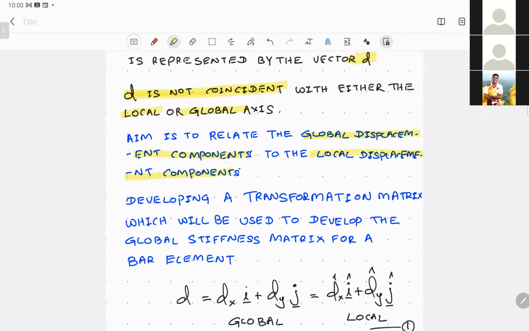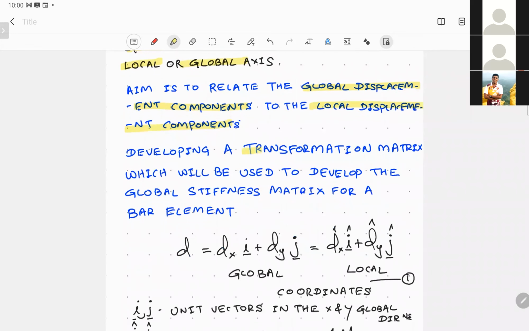What is the transformation matrix where we can transform the local coordinates to the global coordinate systems directly if the two coordinate systems have a rotation component, or are not coinciding with each other? So our aim is to develop a transformation matrix to obtain the global stiffness matrix for a bar element.